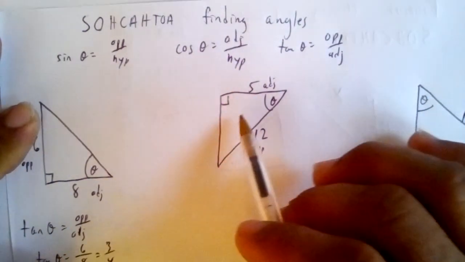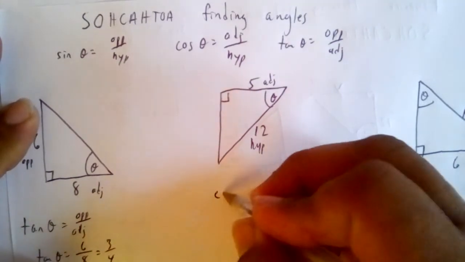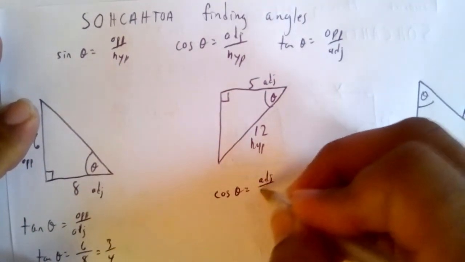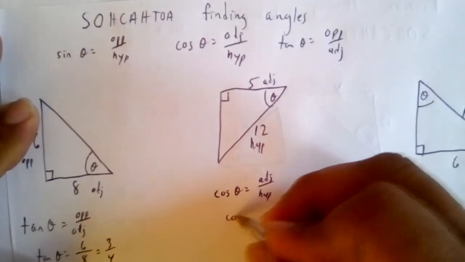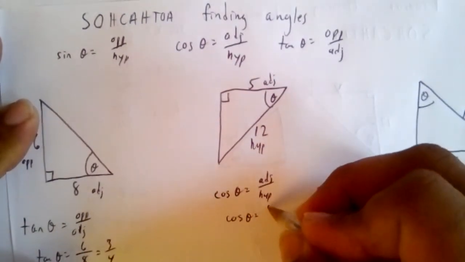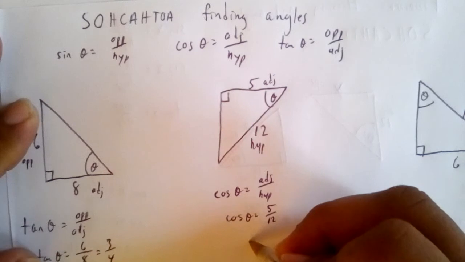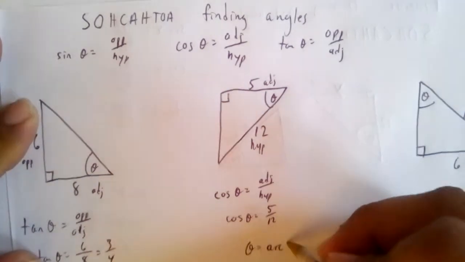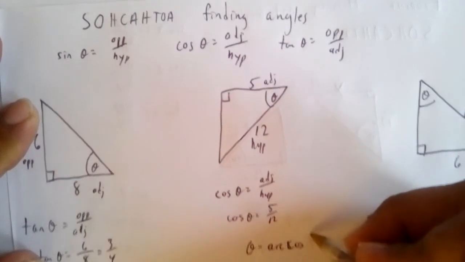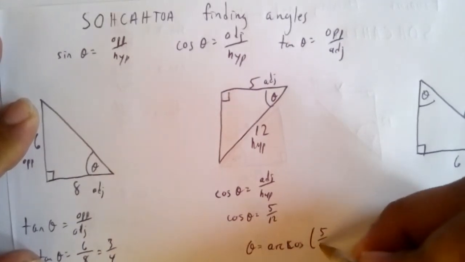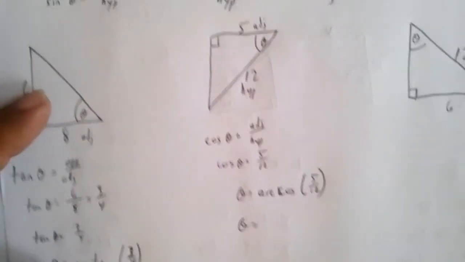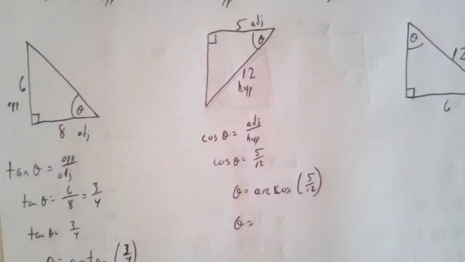So we'll be using cosine for this one. We put cosine of the angle is equal to adjacent over hypotenuse, and the cosine of the angle is equal to 5 over 12, so the angle is equal to arc cos 5 over 12.